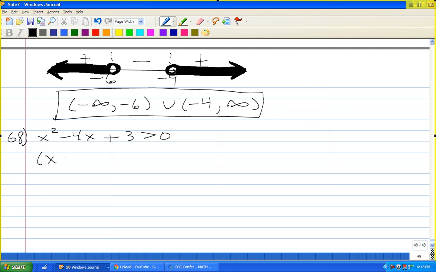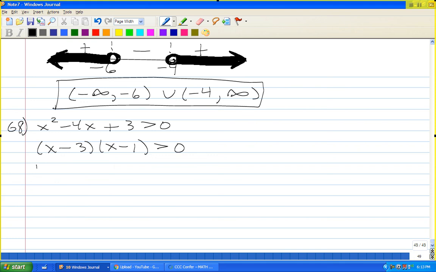So let's factor: x minus 3, x minus 1. Again, this is a monic quadratic trinomial in x. So I'll put x's here. Bring down the minus times minus is plus. I want two whole numbers whose product is 3 and whose sum is 4, 3 and 1. So this is in factored standard form.